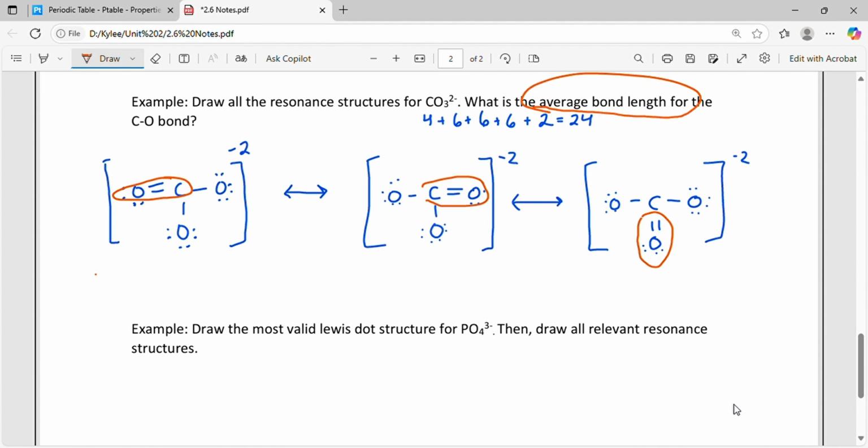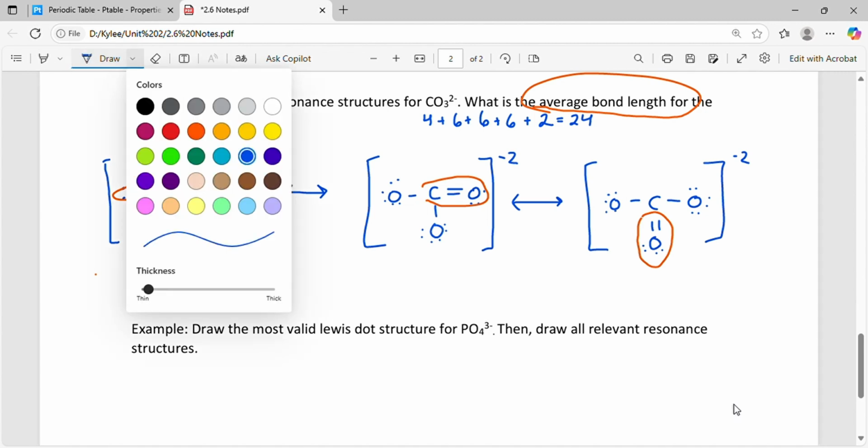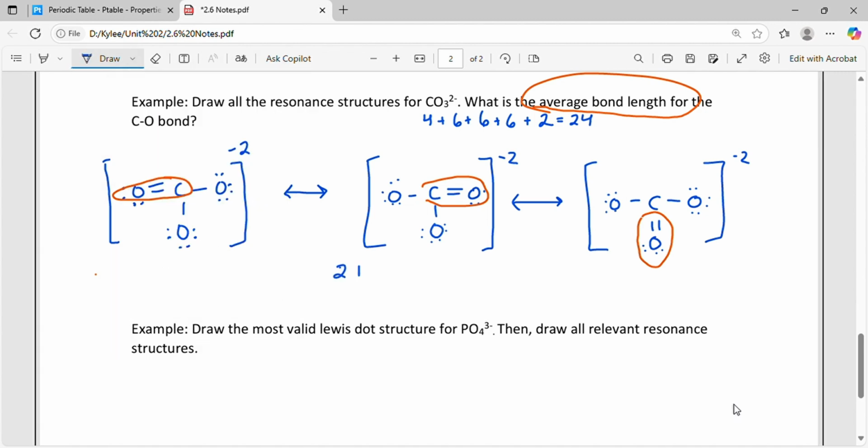And we talked about earlier how when you have a double bond and a single bond, it's going to be kind of in between. And that's why we had a bond length of 1.5. Well, in this example, we have a double bond and a single bond. And I'm going to divide that by my total number of bonds.